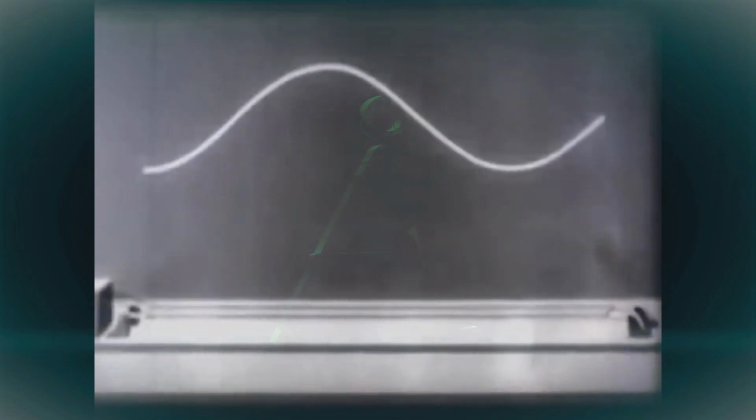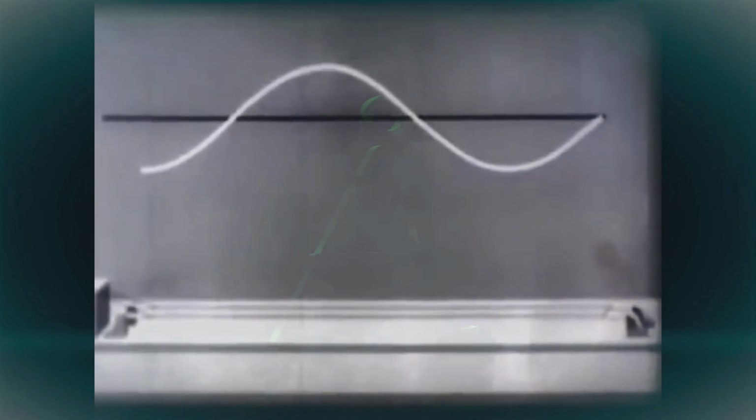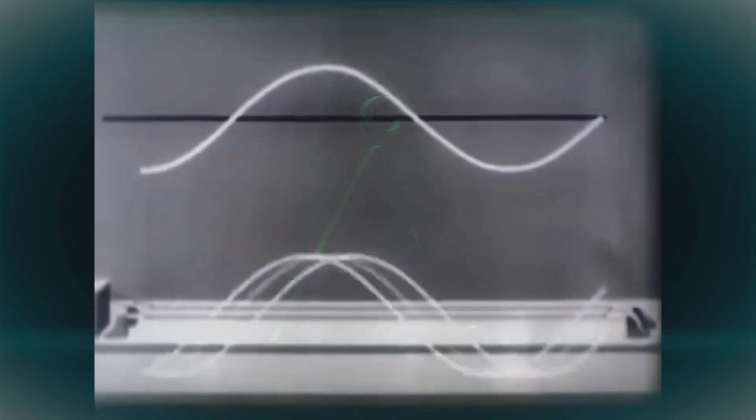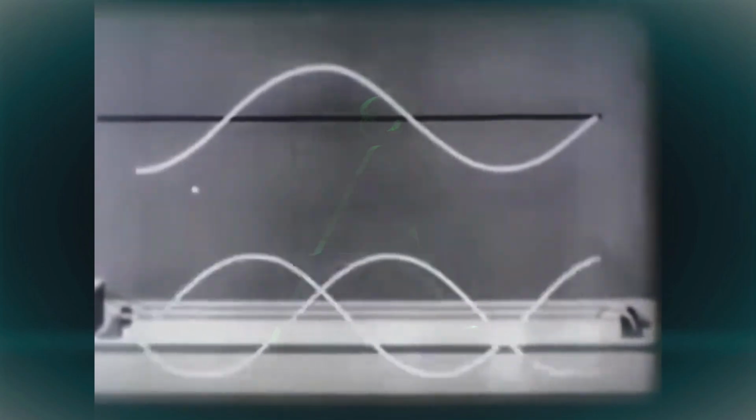When an ordinary fluorescent lamp is placed near the line, it can be used as a voltage indicator. When the tube glows the brightest, it indicates a point of peak voltage in the line. A voltage plot of this line would look like this. But you may point out, how can the voltage values remain constant when the radio waves shift continuously? Well, it's the phenomenon of the standing wave.